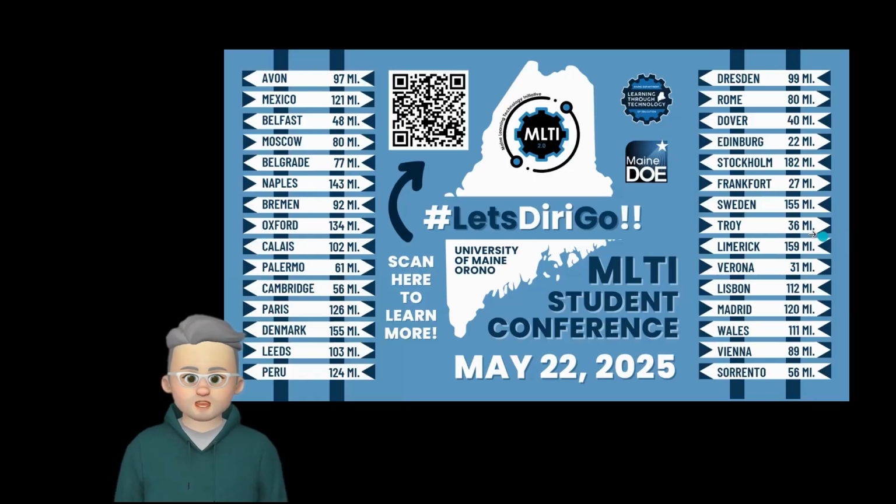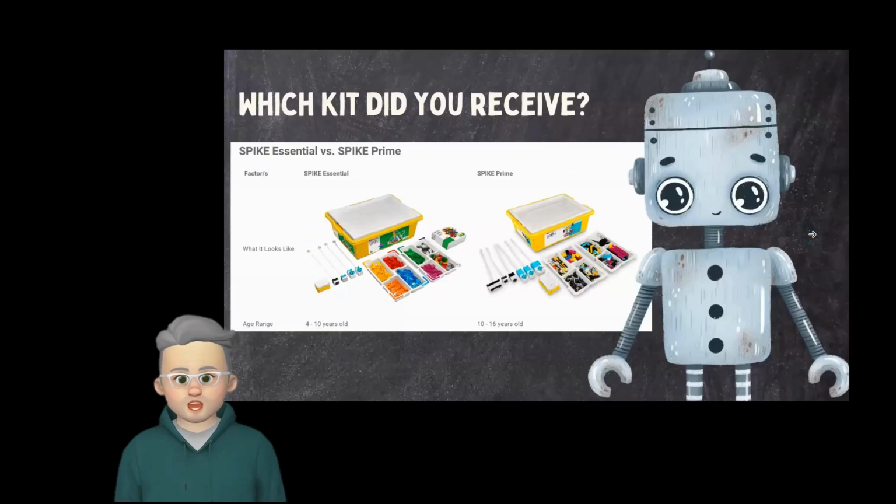All right, let's get started with our PD session on Legos. The first thing we really need you to know is there are two sets of kits that were sent out. The Essential was the elementary version. So if you're an elementary school teacher and you received your kit, you probably have the Essentials. If you were middle school or high school, you should have received the Prime kits.